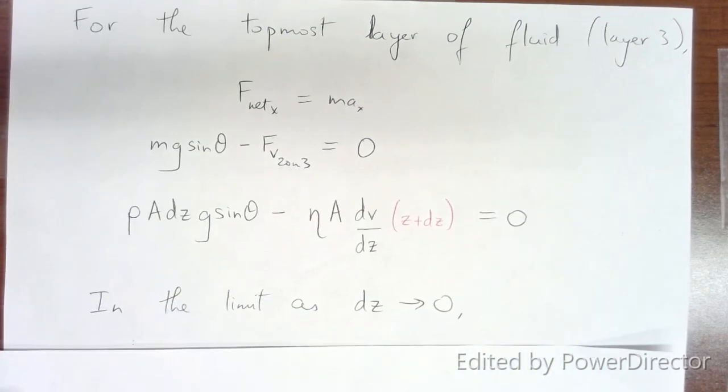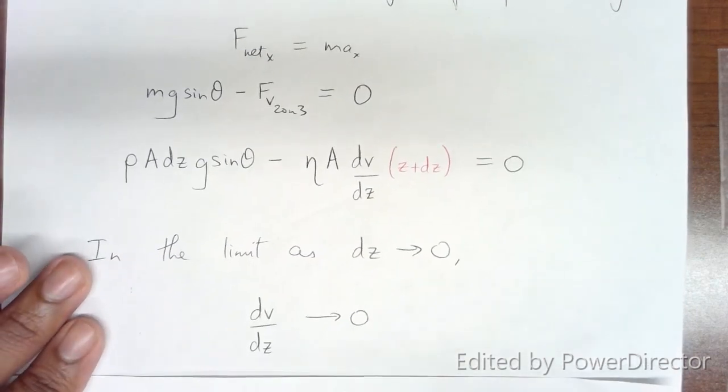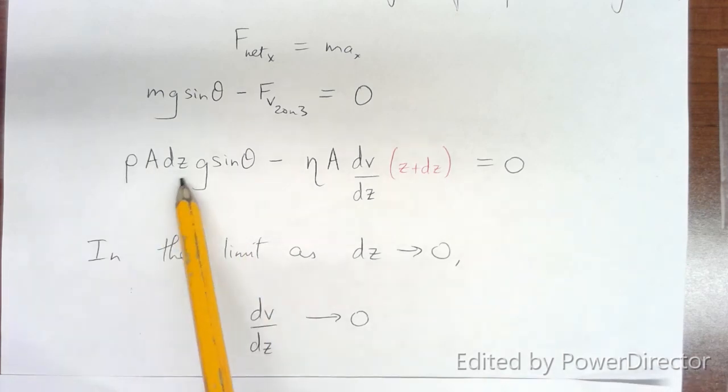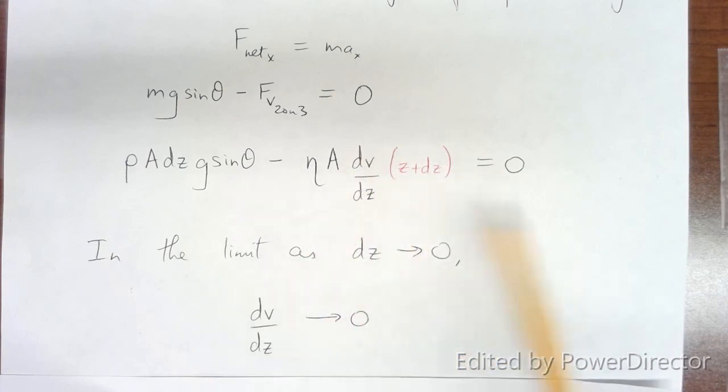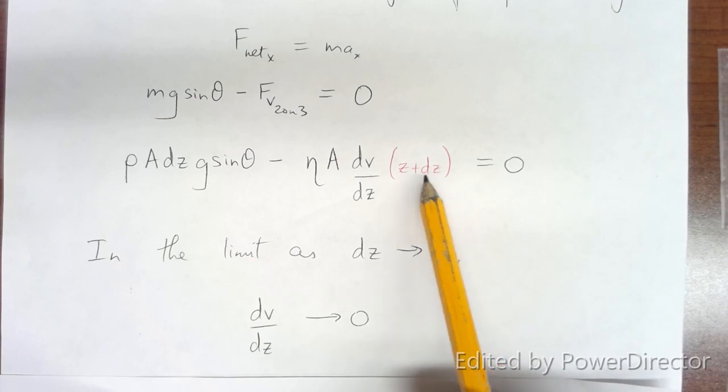But in the limit as dz goes to 0, what do we get? We get dv over dz goes to 0, because if dz goes to 0, this term will just go away. So we get this term is equal to 0, and eta and a are constants and non-zero, so you can divide them over. So we get dv over dz evaluated at z, because the dz has gone to 0.